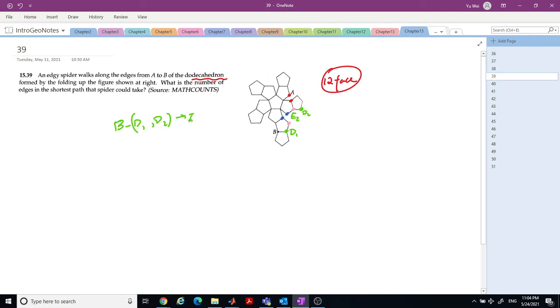And then we can go to E2, then we can go to A, right? So we do 1, 2, 3, so that's 3 steps. Okay, so for the folding things, you need to find the corresponding points. Once you find the corresponding points, then it's easy to see.